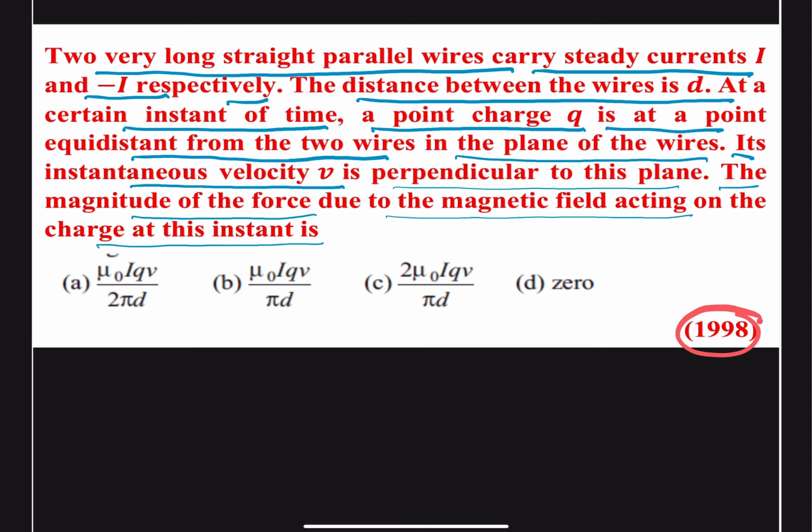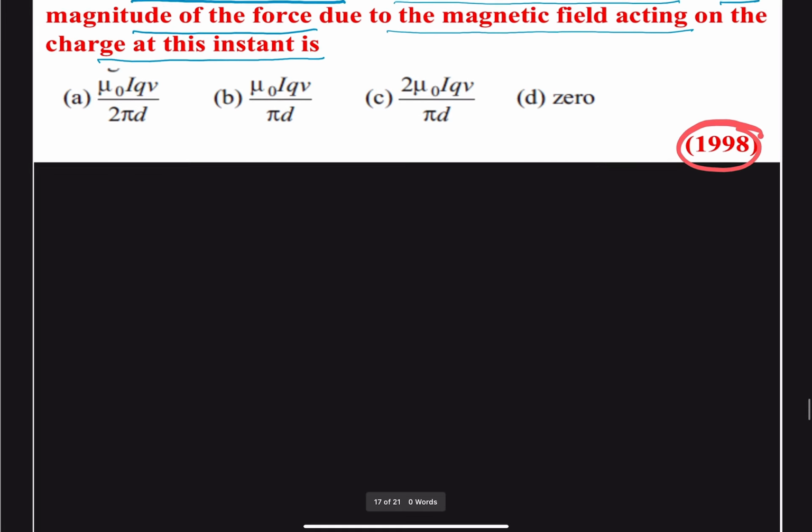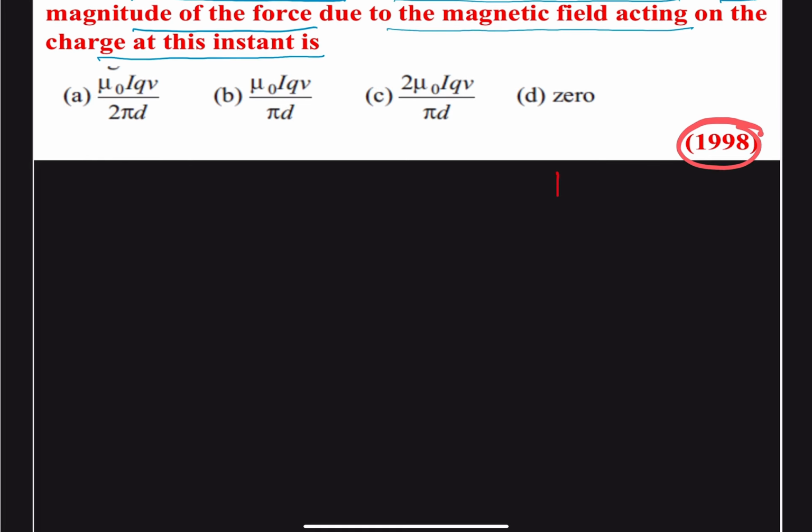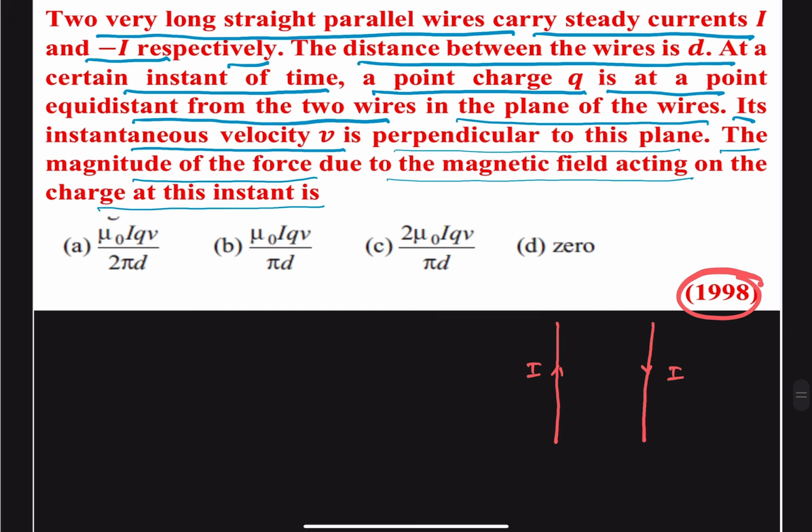So in this case, we have two straight current carrying conductors. The magnitude of the current is the same, but the direction is opposite. One is I and the other one is minus I. It says that there is a point charge q equidistant from the two wires.